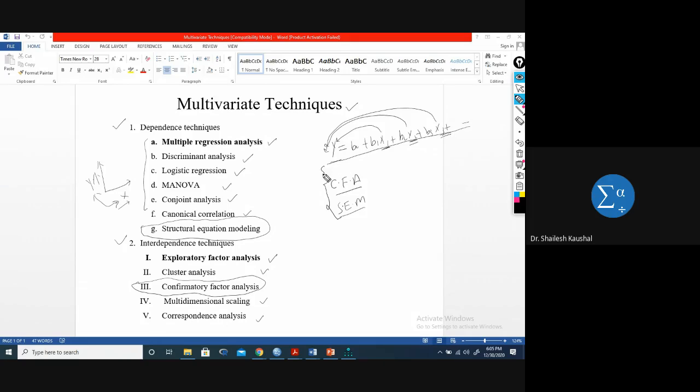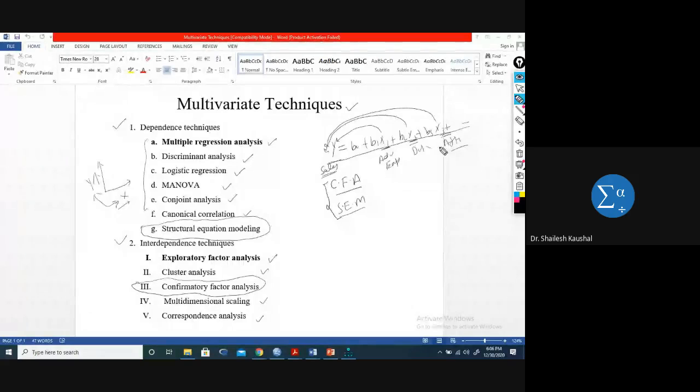For example, the dependent variable is sales. Sales may depend on advertising expenses, on discount, on after sales service.